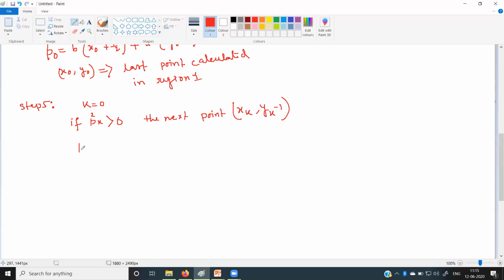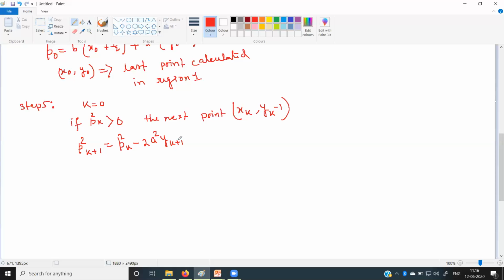the decision parameter for the region 2. So what is the decision parameter? We have to compute the decision parameter for the k plus 1th iteration. So we will write it down: P of k for the region 2 minus 2 a square y of k plus 1. So you know what is the y of k plus 1?